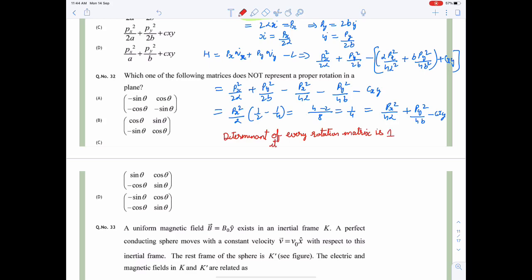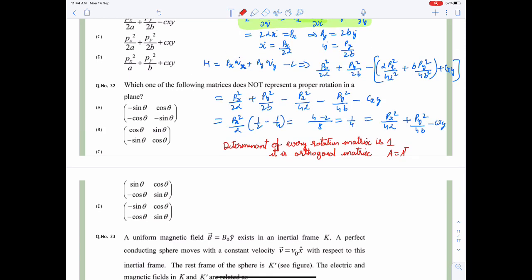It is an orthogonal matrix. What is an orthogonal matrix? A is equal to A transpose.